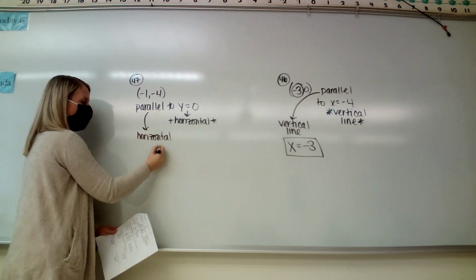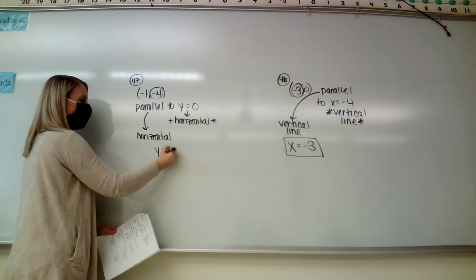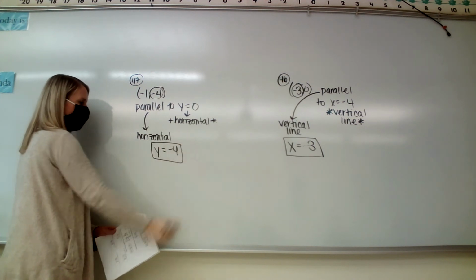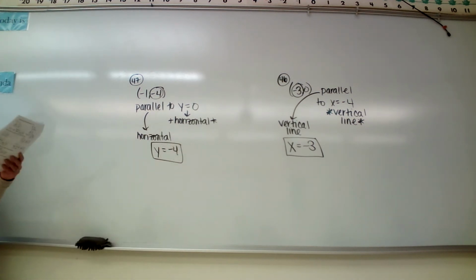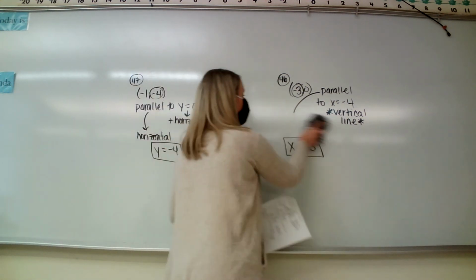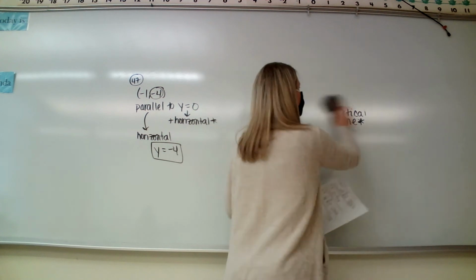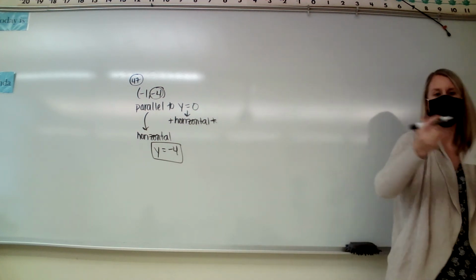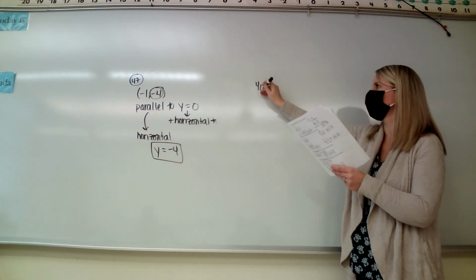I would know that the equation is y equals, and I take the y from right there. And then the last one's kind of the same. It does say perpendicular for that one, so just make sure you know horizontal and vertical are perpendicular of each other.